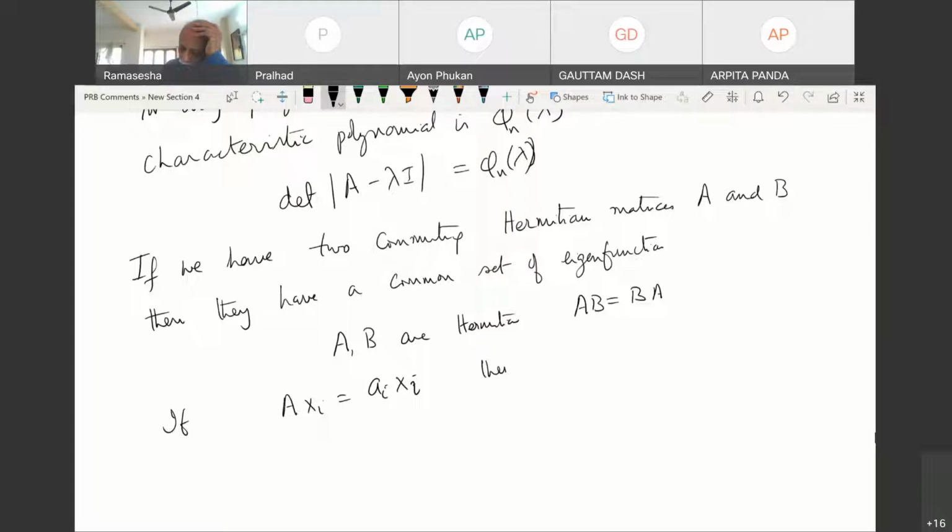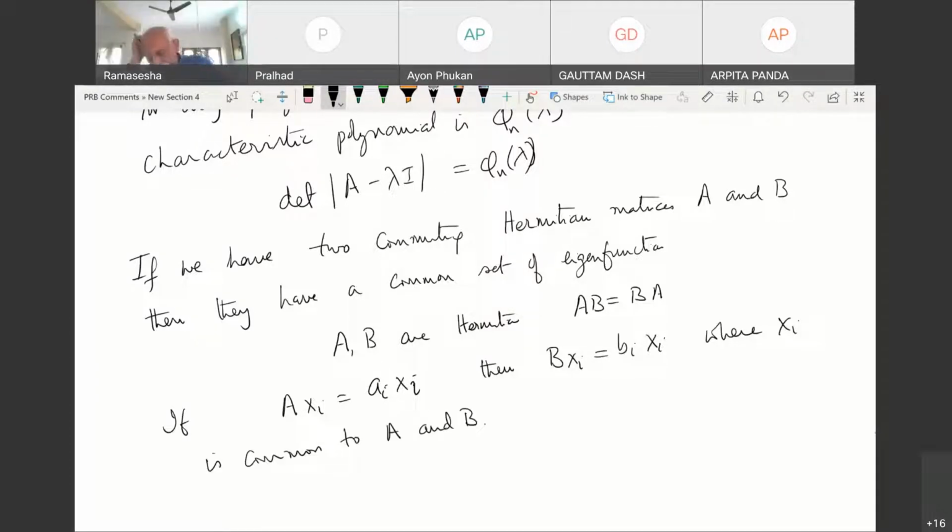Okay, so xi is common to A and B. One of the important things that I should say at this point is that I have assumed that A and B both have only non-degenerate eigenvalues and eigenfunctions. If they have degenerate eigenvalues and eigenfunctions, then you have to construct an appropriate linear combination which satisfies this condition. I suppose you understand this.